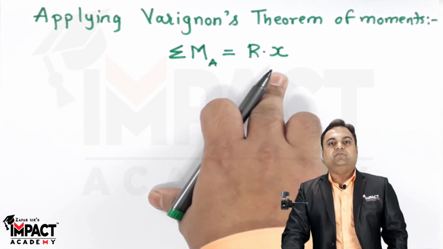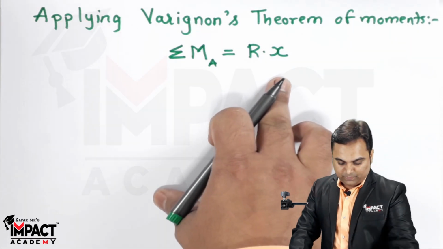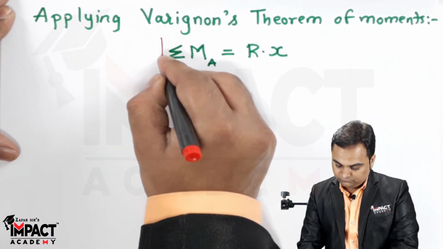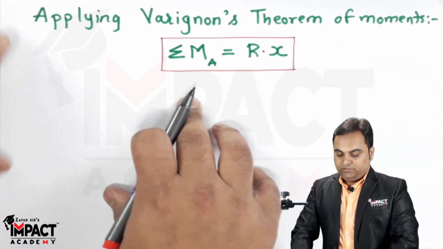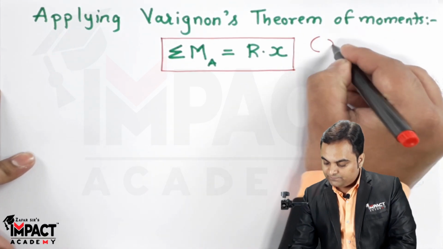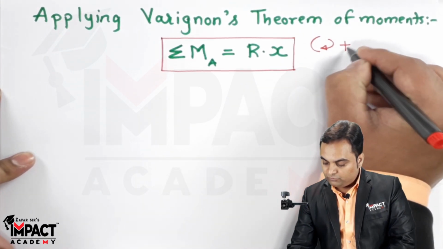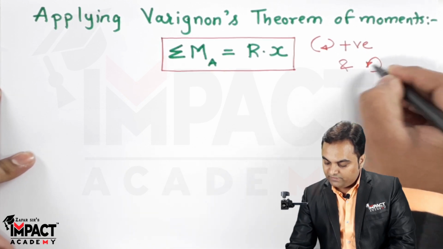Because the resultant is vertical, its location would be given horizontally. Here, when we are finding the summation of moments, the convention is clockwise moments are treated as positive and anti-clockwise as negative.